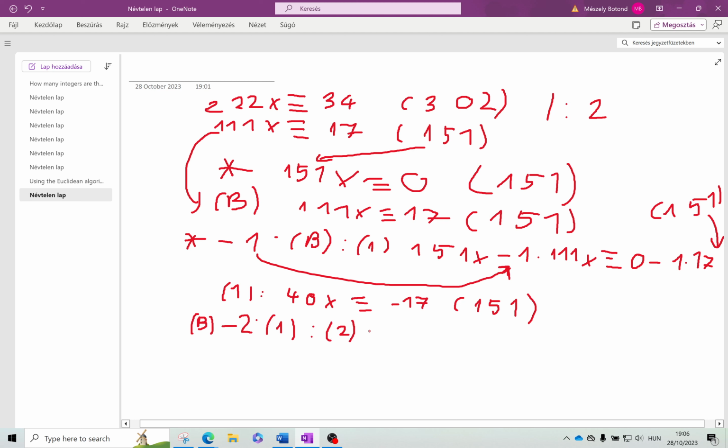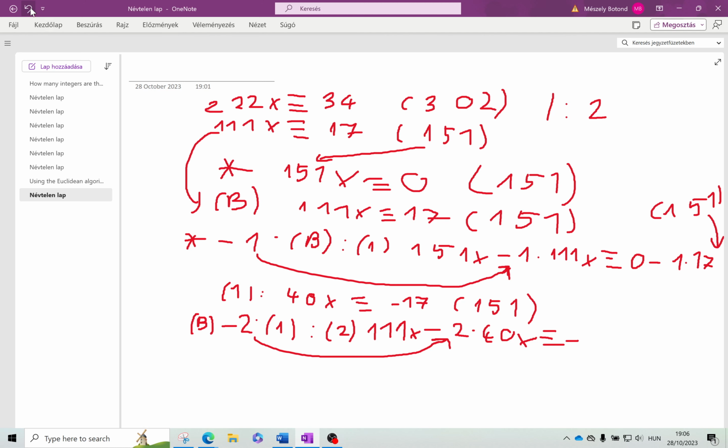This will be the number 2 equation, and it's basically 111x minus 2 times 40x congruent 17 minus 2 times minus 17, modulo 151.